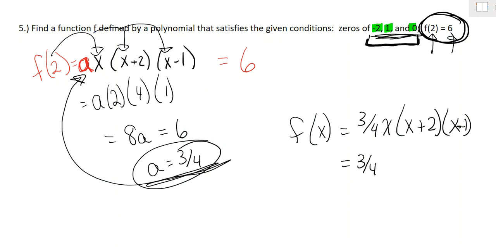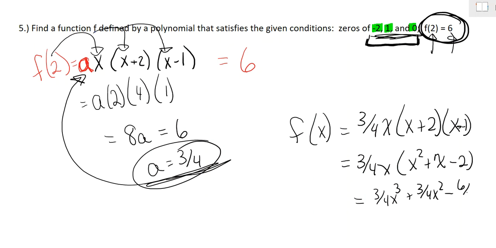We'll want to distribute that. So we're going to end up getting 3/4 x cubed plus 3/4 x squared minus 6/4 x, or you could reduce that to 3/2.